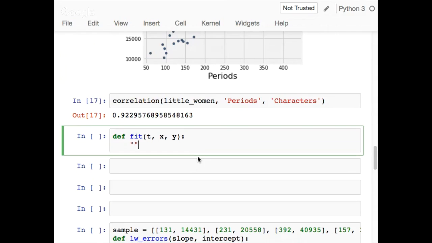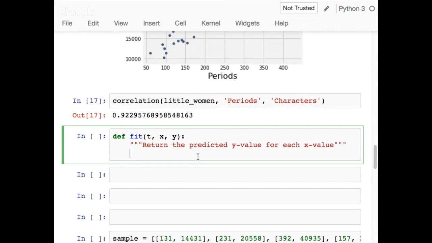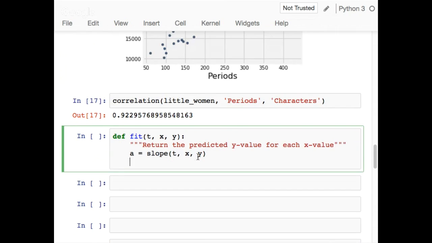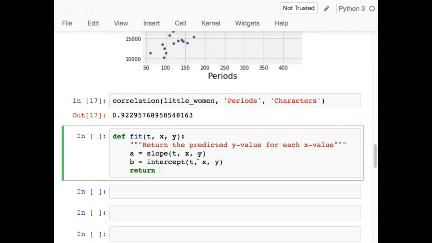This function will return the predicted y value for each x value. All I have to do now is take the slope, take the intercept, and return slope times x values plus intercept, and that is it.